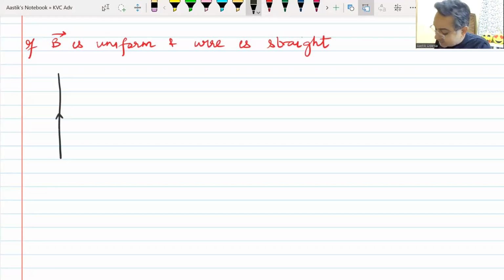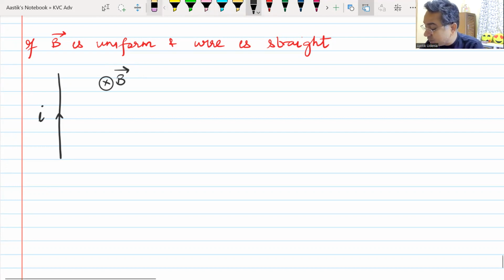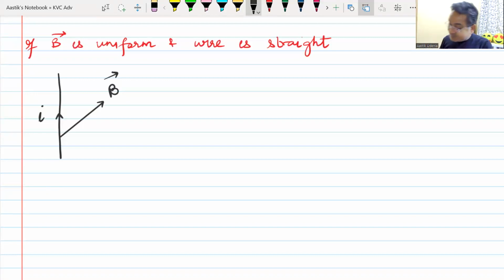You have a straight wire like this, carrying current I, and let us say the magnetic field is uniform. Let me make the magnetic field at an angle so that the angle comes. The wire is straight and the magnetic field is like this.